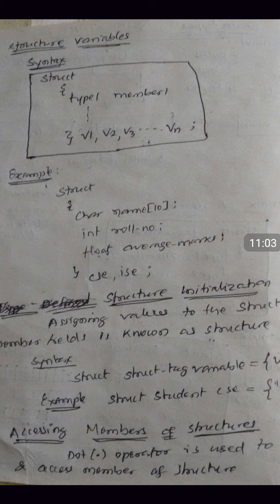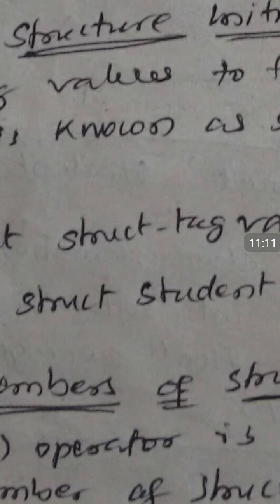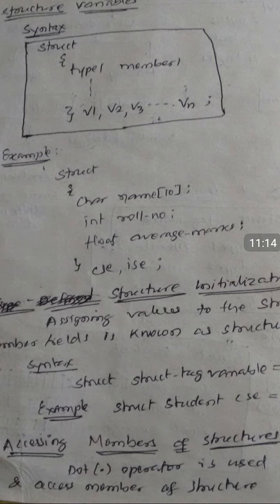For example, if I want to get the name of the structure called student, I use a very simple operation: CSC dot name. CSC dot name is accessing the name of the particular variable CSC, and with it either I can get the data from the memory or I can store the content into the memory.